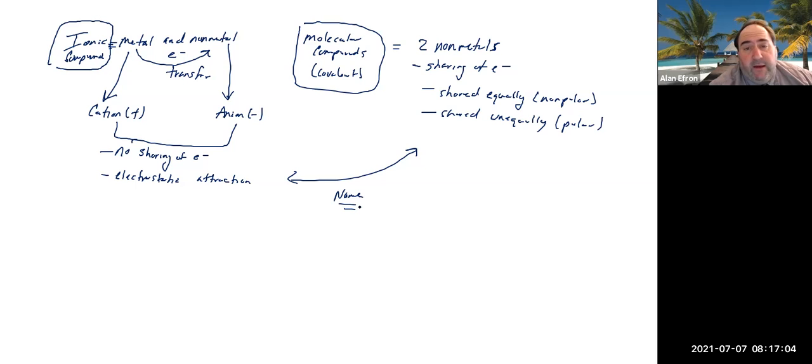And even within ionic compounds, it's different how we go about naming those individual ionic compounds, depending on what type of ionic compound there is. So let us get into, first off, ionic naming and the process of going through those guys.